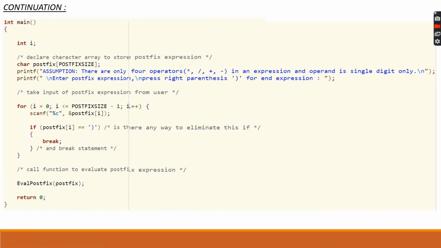So this is the main function. We'll declare the postfix size. Then we'll ask for input, that is any of the four operators and operands for the operation to be done, and then we tell the user to press right parenthesis when the end of the expression is reached. So while i is less than or equal to postfix size minus 1, we input the expression from the user.